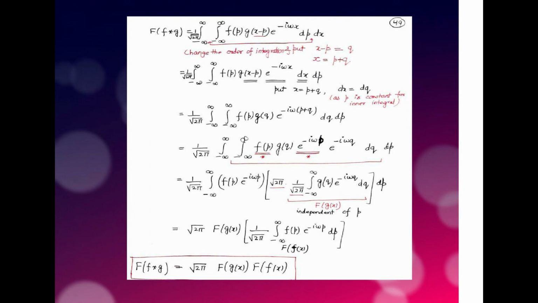You can write it outside this integral, and we have root 2 pi times Fourier transform of g. Now see the inner integral, 1 upon root 2 pi minus infinity to plus infinity f of p and the exponential function, and by definition this is the Fourier transform of f of x, and hence we have the final result for convolution f star g.